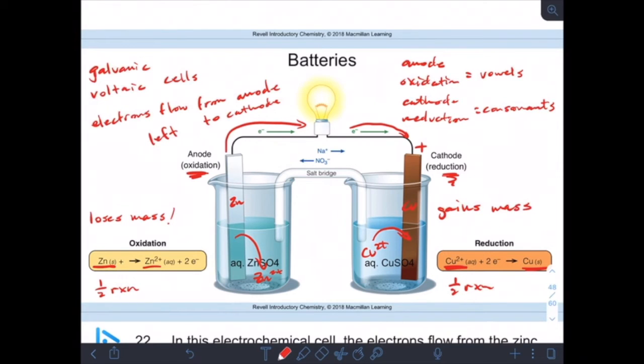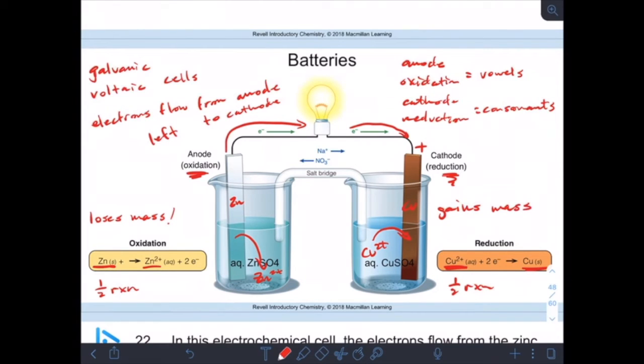This is just like what happens in the batteries of your cell phones or your laptops or your car: you have an anode side and a cathode side, and eventually the battery wears out because the anode side has been used up.